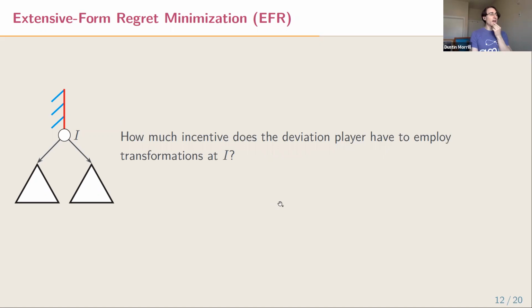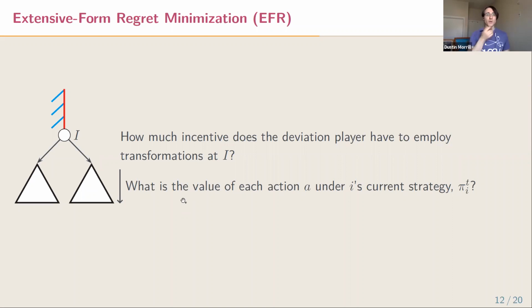And in order to do that, it asks a question, namely, how much incentive does the deviation player have to employ transformations at I, given that the deviation player follows some deviation phi to reach this information set, and also given that it plays the previous strategy pi I t for the rest of the game going forward.